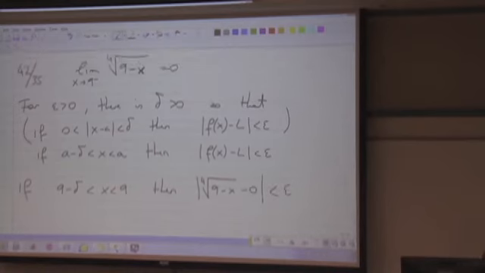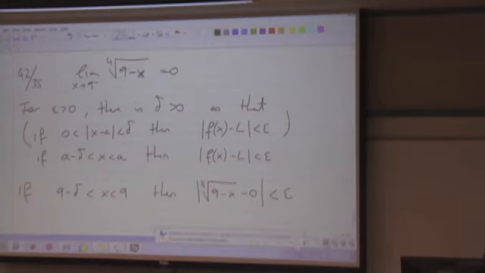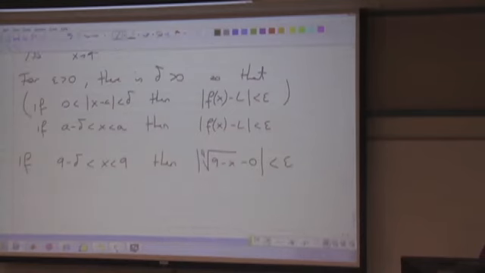Again, all I'm doing is just writing up what I know. So now let's take the fourth root of 9 minus x to be less than, in absolute values, epsilon. Well, fourth roots by definition are positive, or non-negative I should say, which means this is just the fourth root of 9 minus x being less than epsilon. Okay? So now what next?